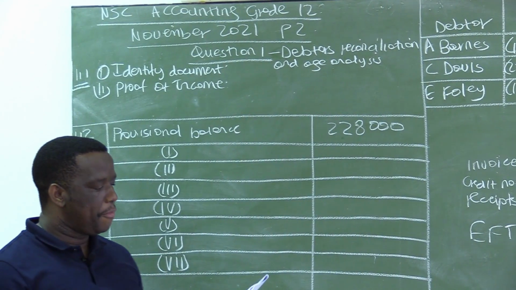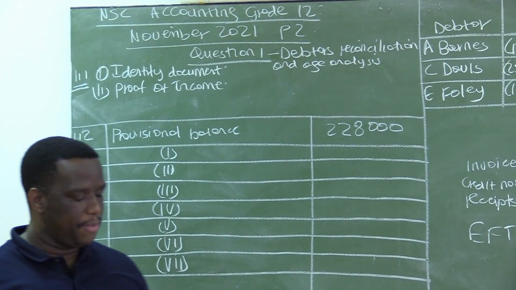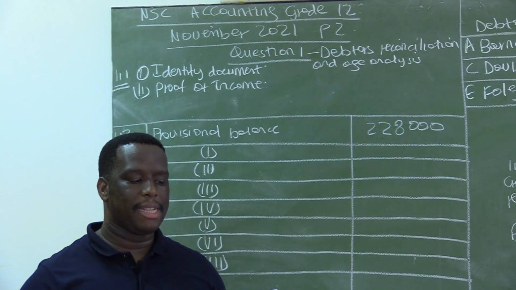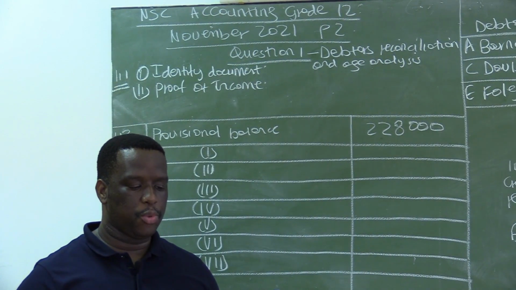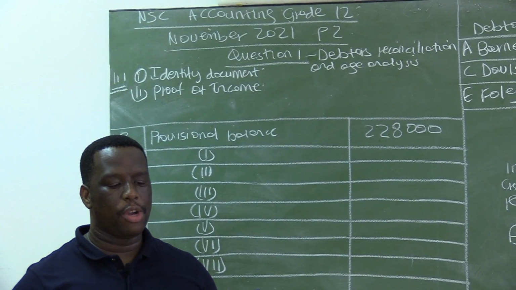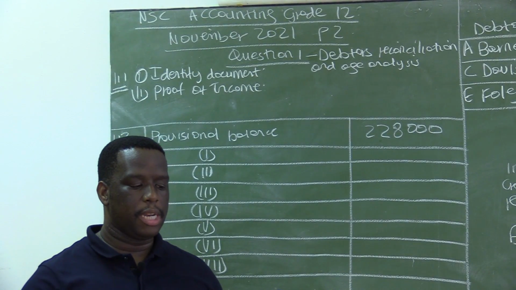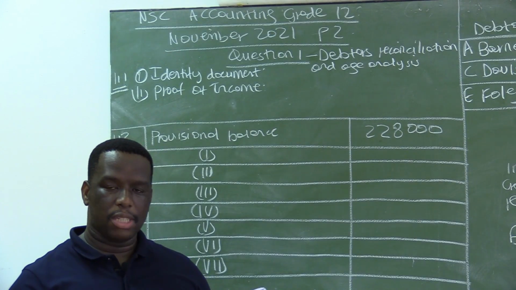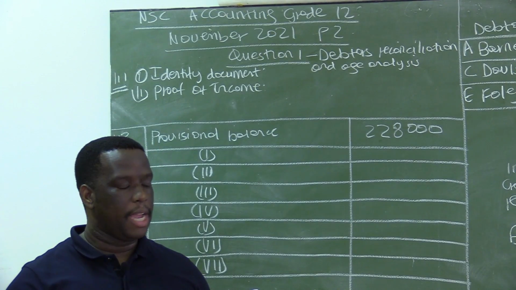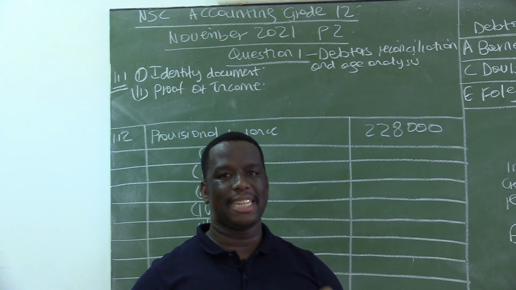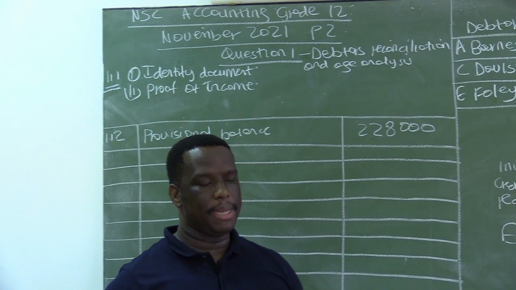Right, the first transaction under information B says an invoice for 1,750 issued to A. Barnes was not recorded in the books of Zigzag Traders. So we issued an invoice for 1,750, and if we issued an invoice, it means we were selling on credit to this person.